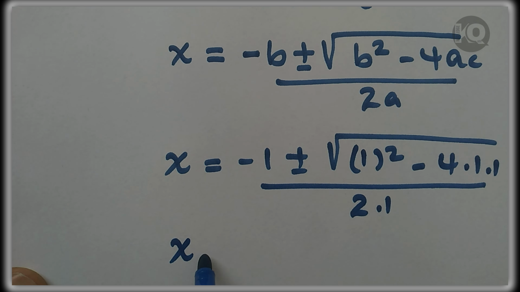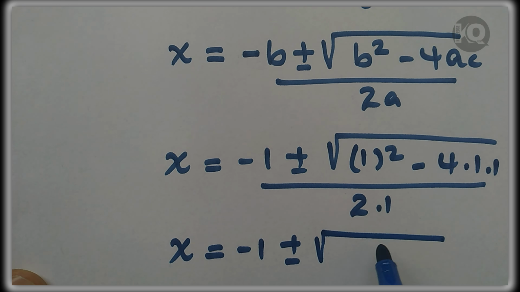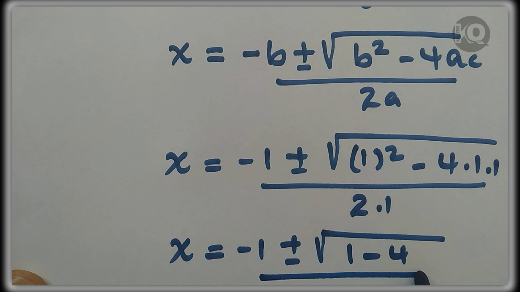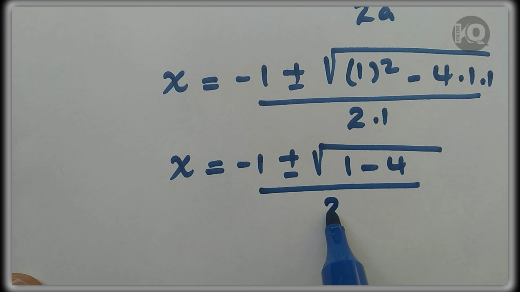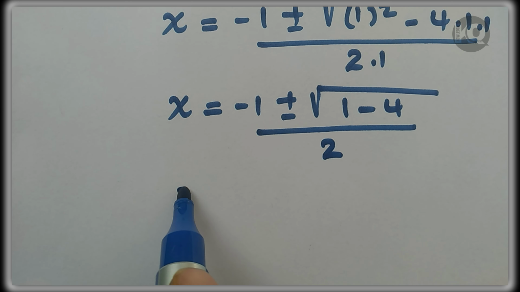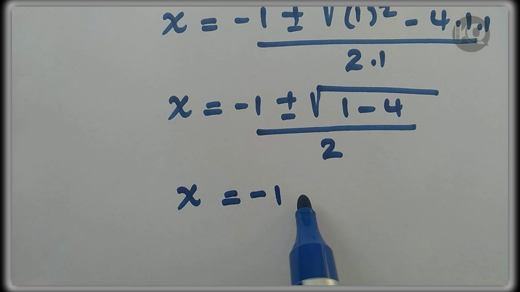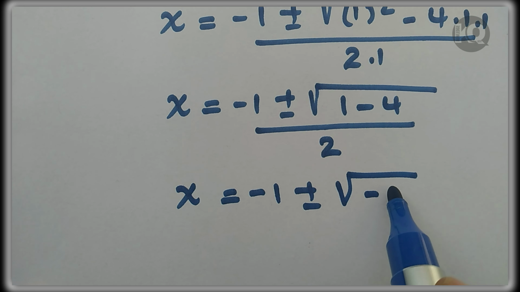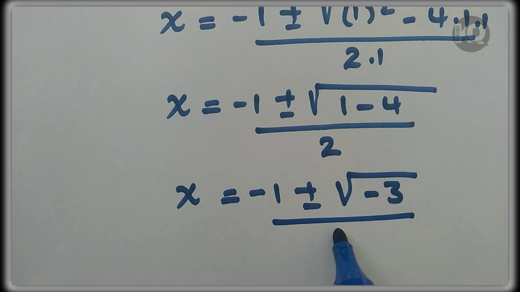So x is equal to minus 1 plus or minus the square root of 1 minus 4, divided by 2. And 1 minus 4 is minus 3, divided by 2.